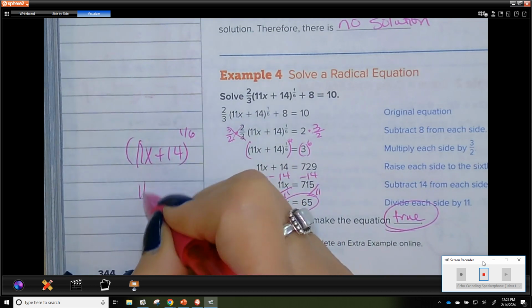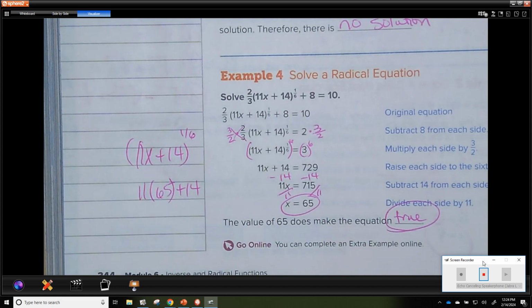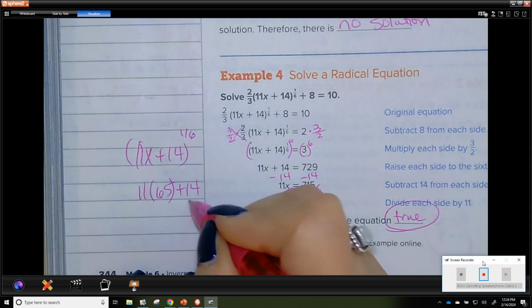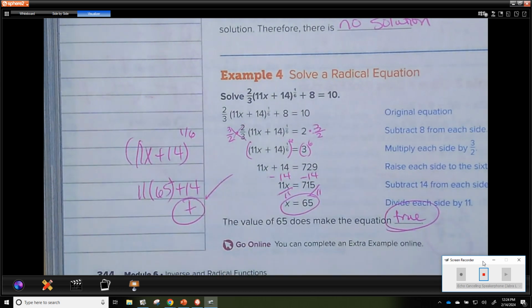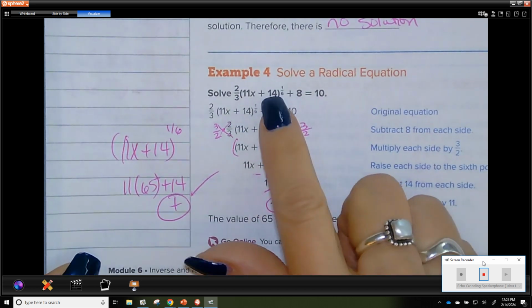So 11 times 65 plus 14, I don't know how much that is, but I do know that it is positive, so it works. That's the only problem area I see, is the radical is an even power.